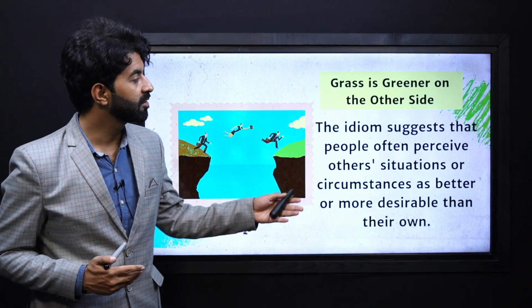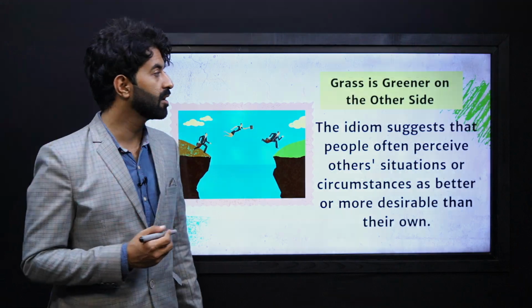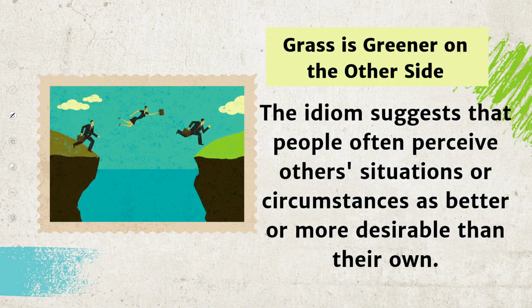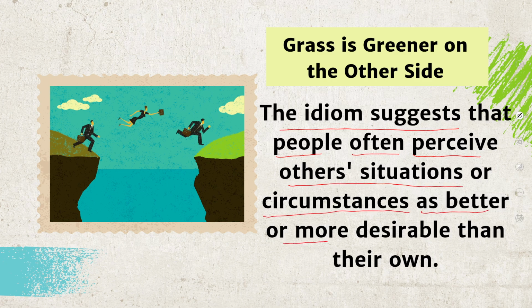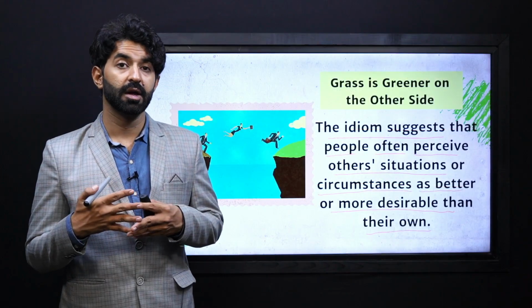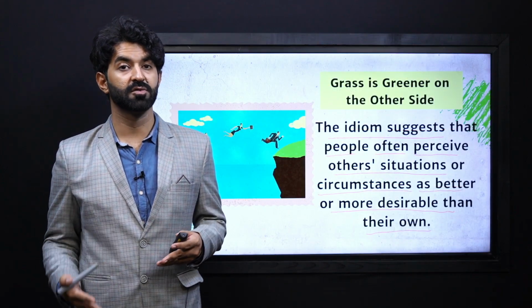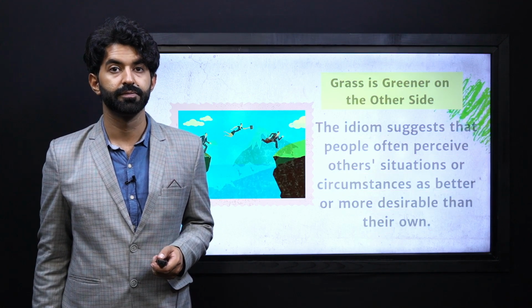Now this one, grass is greener on the other side. Let's understand it. The idiom suggests that people often perceive other situations or circumstances as better or more desirable than their own. So, in this way, we will say grass is greener on the other side.